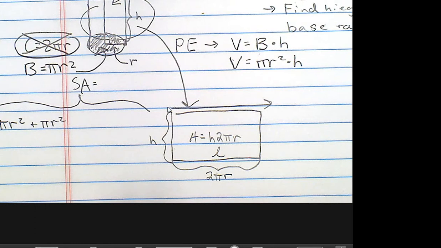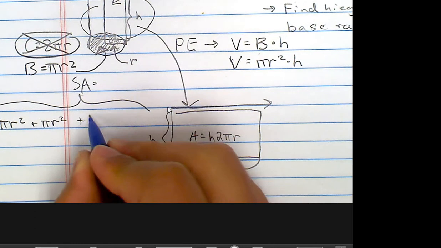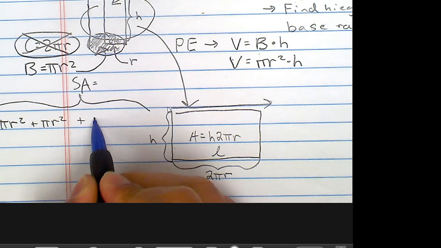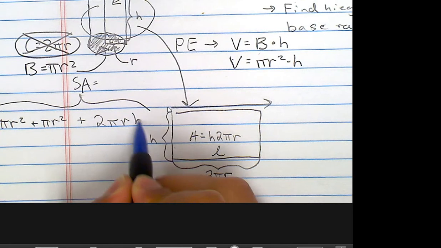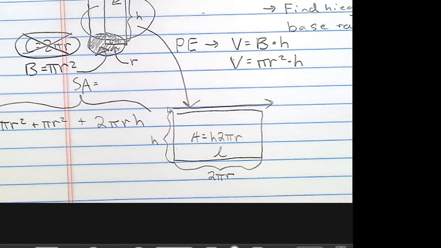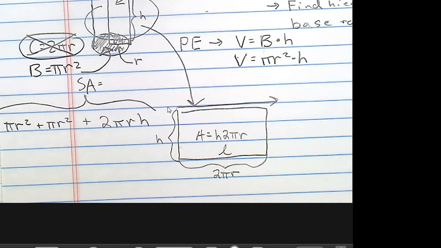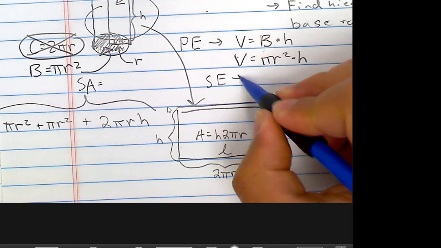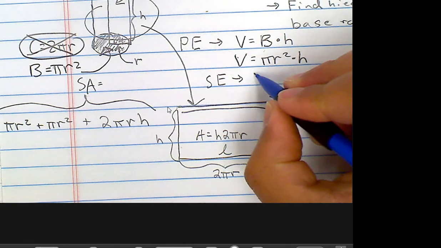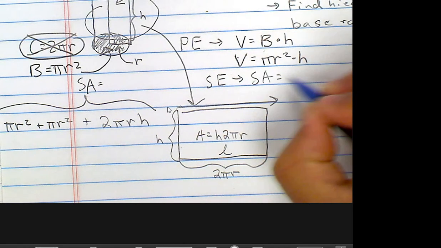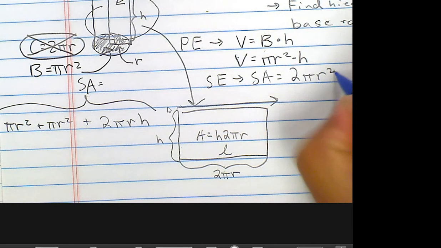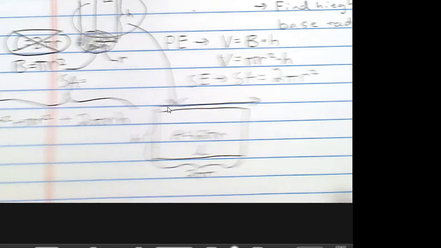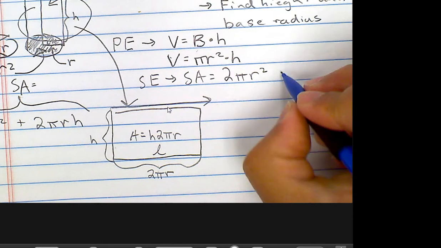So plus 2 pi r h. There's our surface area formula, and that's for the whole. So our secondary equation is surface area equals 2 pi r squared, because there's two of them, plus 2 pi r h.